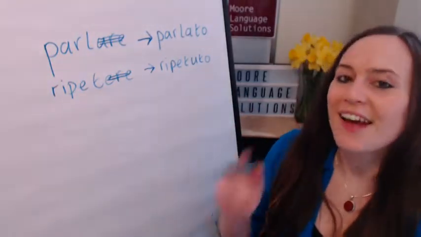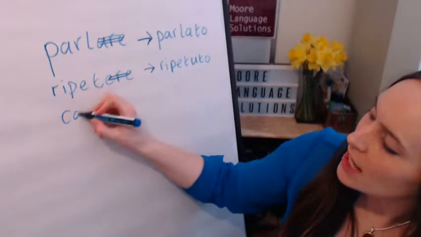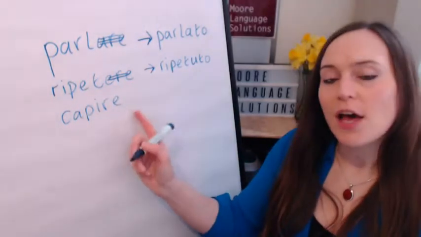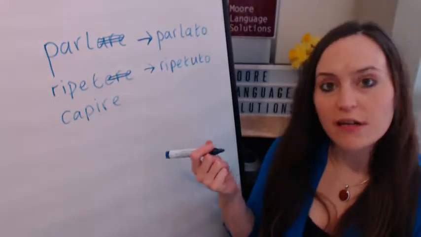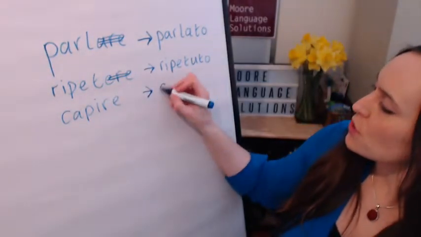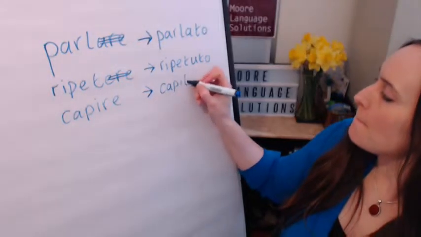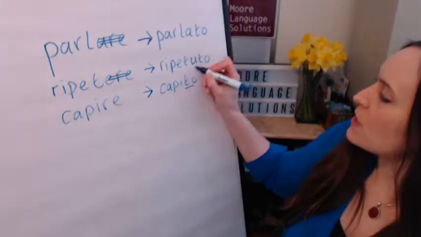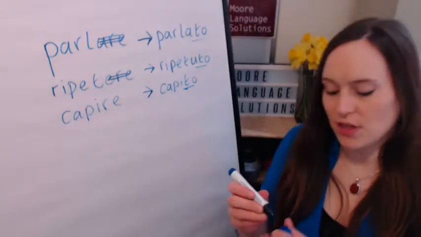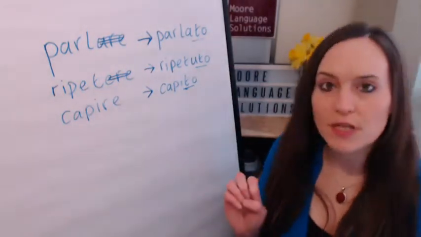Lastly, IRE verbs. As you will see on page 2 of your handout, IRE verbs like capire, which means to understand, change to capito. So they have ito at the end. So it's the last 3 letters that change on a past participle.